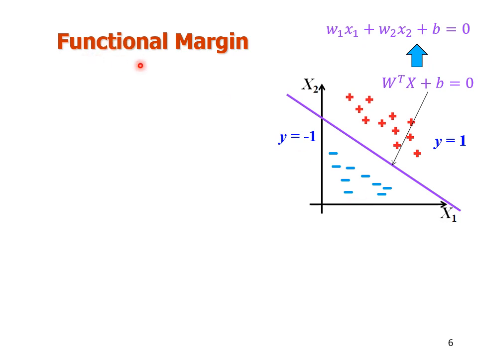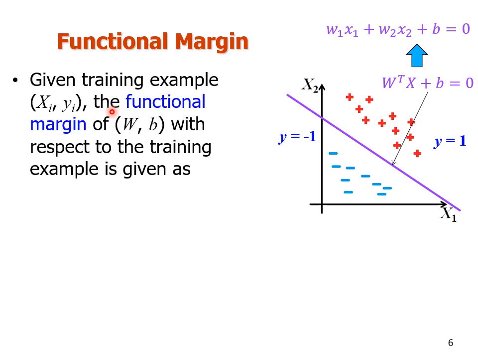Given a training example (xi, yi), the functional margin of (w, b) with respect to the training example is given as gamma i hat equal to yi times (w transpose xi plus b). I will repeat, gamma i hat equal to yi times (w transpose xi plus b).